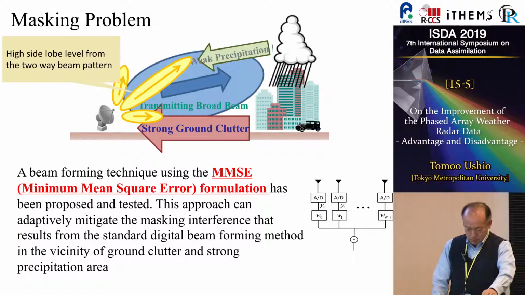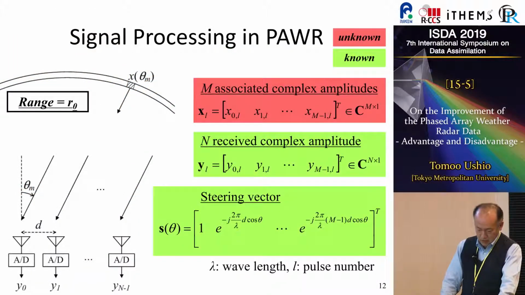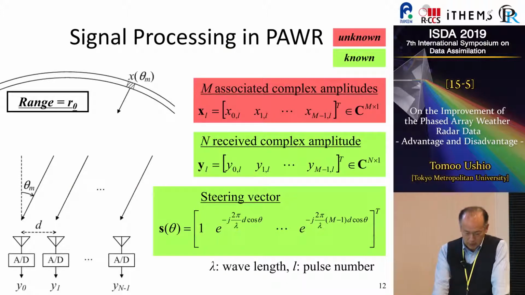So my proposal in this study is a new beamforming technique using the minimum mean square error formulation, which has been proposed and tested. In this formulation, here is the signal processing in a phased array radar system.